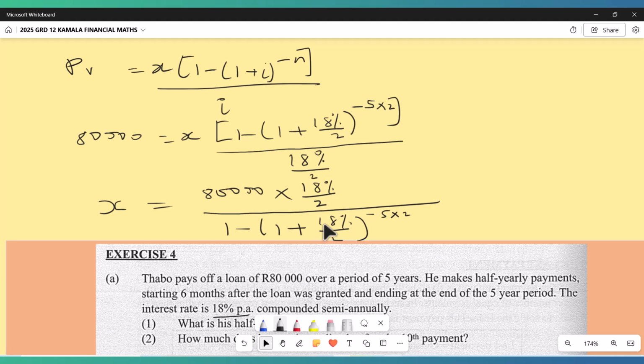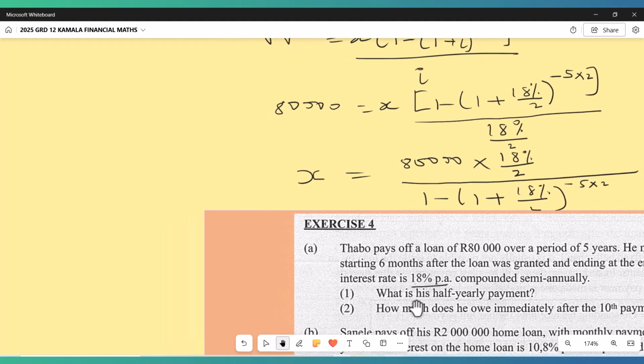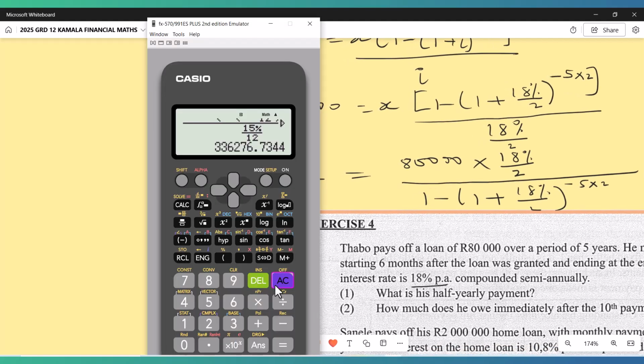Now what you see here, we put it in at once on the calculator, don't forget that, guys. So here we go with our calculator. We start with the fraction button, that is 80,000, then multiplied by fraction again, 18%, over 2.